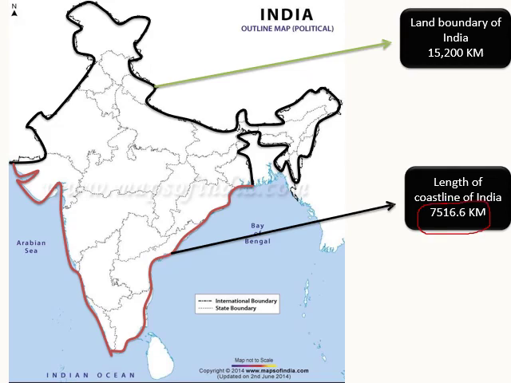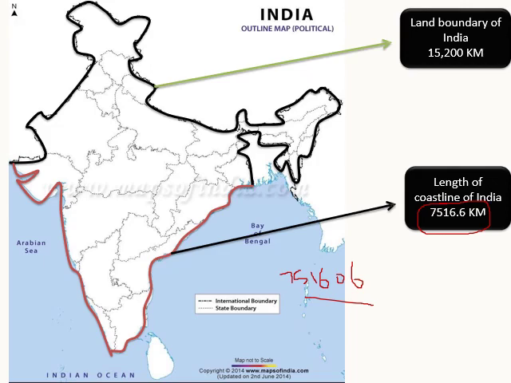So this 7,516 kilometer is not only the boundary of India in terms of the mainland. So when we take the coastal boundary of India, let me draw this for you.